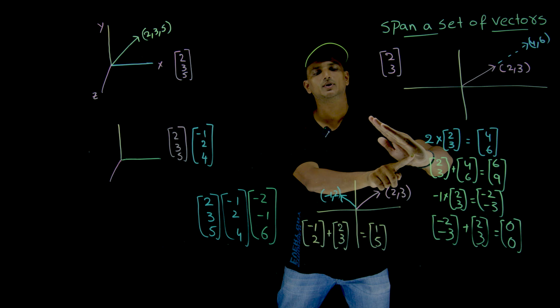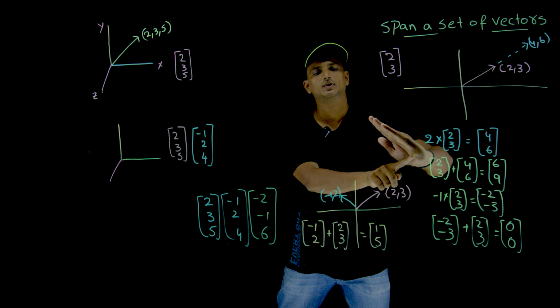Suppose you multiply with 2, you get -2, 4, which means you will get a vector somewhere around here. Suppose you multiply 2, 3 with 2, you get 4, 6, and you are going to get somewhere around here. Suppose you add these two vectors, what happens? In our last class we provided the intuition for how adding works.